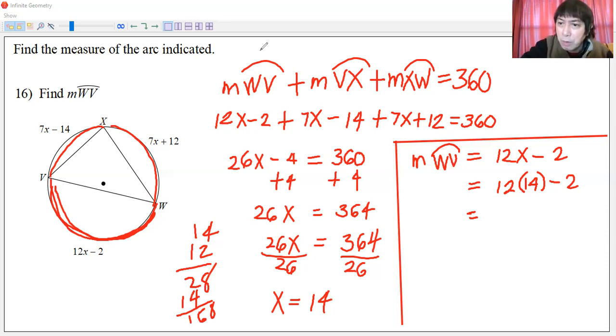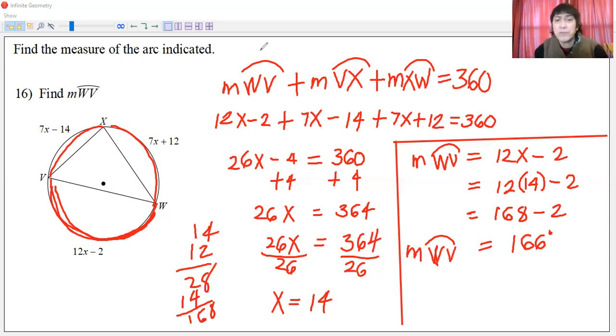So this is a product of 168 minus 2, that's 166. This is the measure of our arc WV. I thought it was very large because I was looking at 14 times 26, which returns 364, but we're actually doing 14 times 12 only. So 168 minus 2 is 166. My computation is 166.